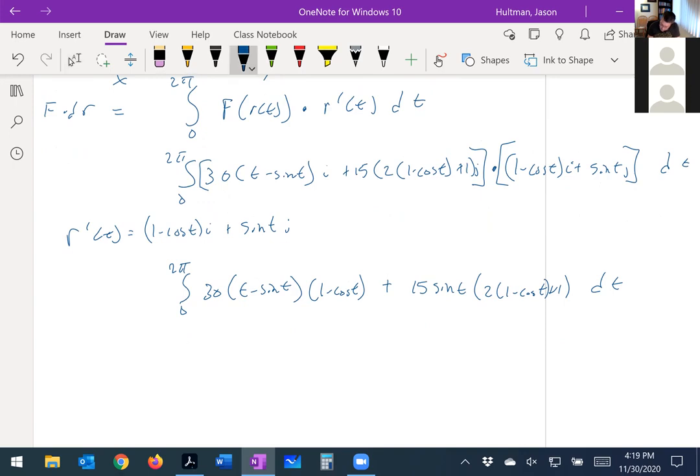So when I multiply the first one all out, I'm going to get 30t minus 30t cosine t, minus 30 sine t, and then plus 30 sine t cosine t, right?